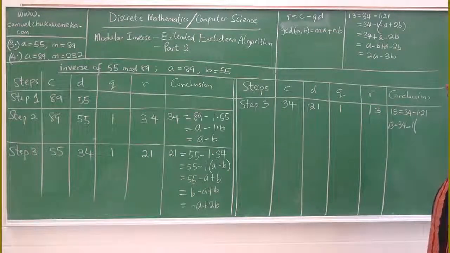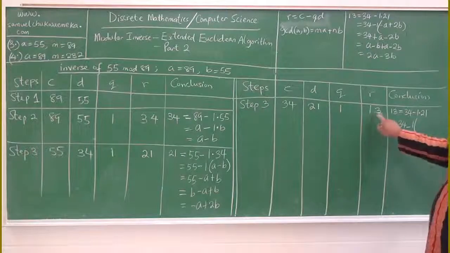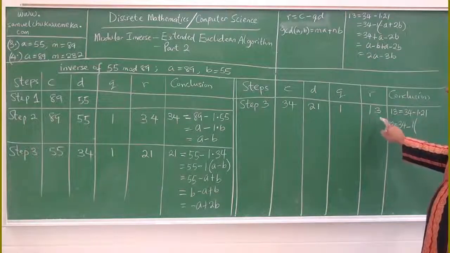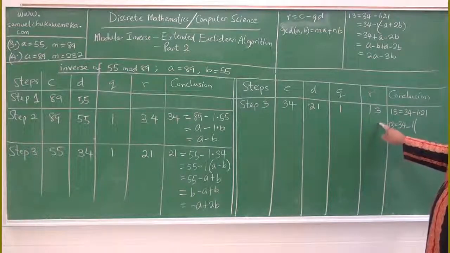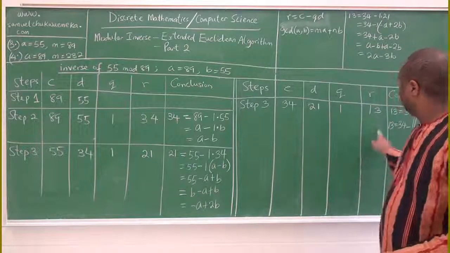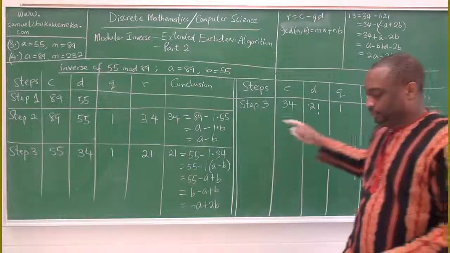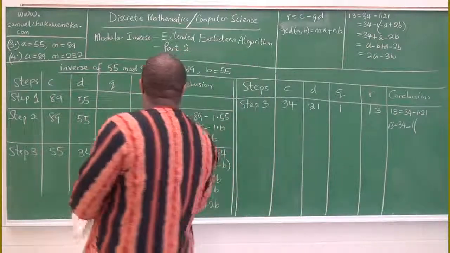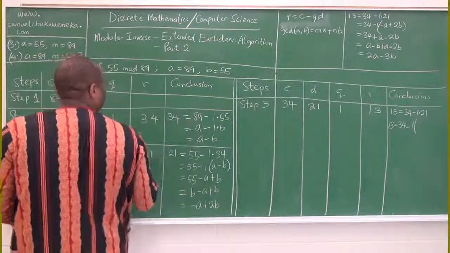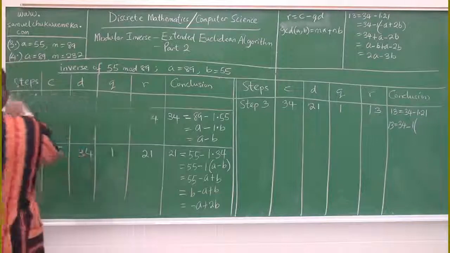Alright, then our arrow is 13, so we still do step 3. So let me erase this so I can continue.